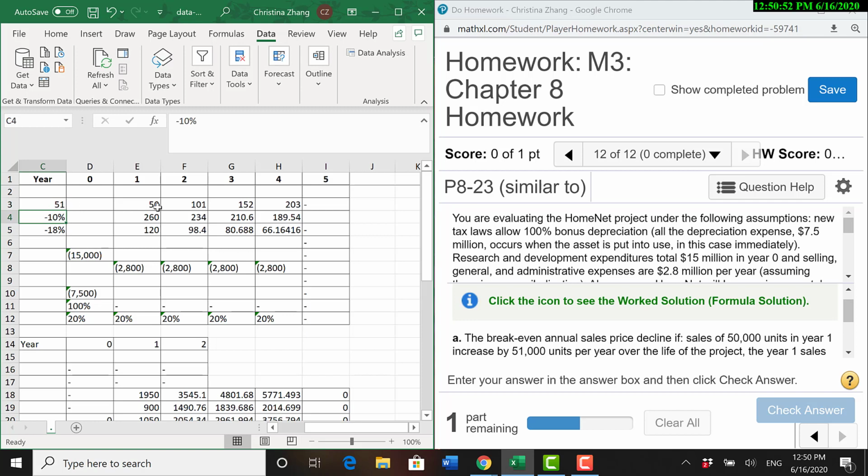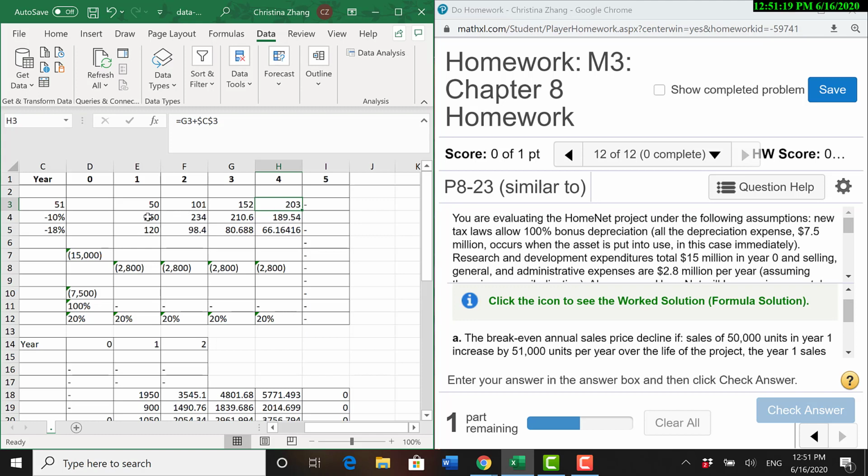Notice here when I put this number, everything changed because all my cells are linked, except the first year. The first year I put in manually. So first year is 50,000 units. And then the second year is going to be based on the first year plus the change. I anchor the change so I can use the same function for year 3 and year 4.